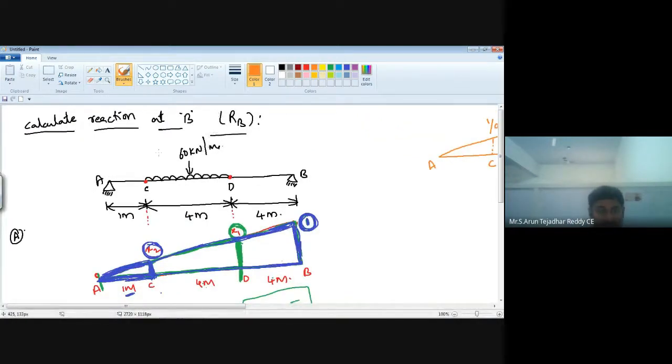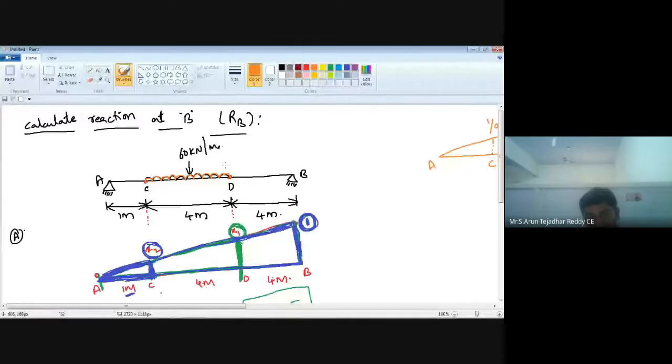Because at point C, we don't have a single point load. What we have from C to D is a uniformly distributed load. It means the load is acting throughout C to D. It is not acting at a single particular point.